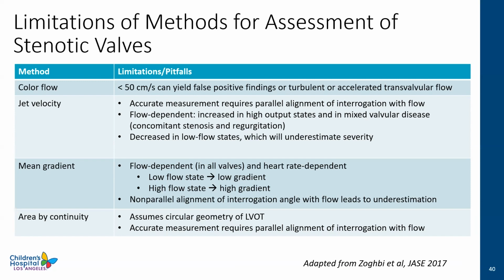These measurements are also flow dependent, so they're going to be increased in high output states or decreased in low flow states, and that may overestimate or underestimate your severity. Mean gradient is also flow dependent. So again, if you have low flow, you might have a low gradient. If you have high flow, you might have a high gradient. And also non-parallel alignment is going to lead to underestimation.